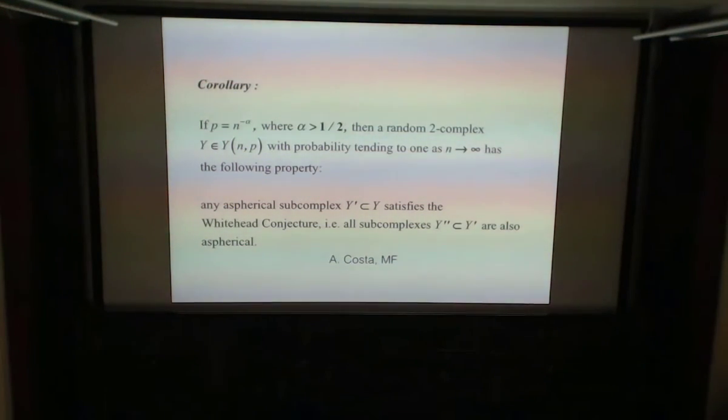The deterministic Whitehead conjecture: there are young people here, and maybe some of them may try this. There is a possibility that using this result, one can show that the deterministic Whitehead conjecture is true, roughly as follows.